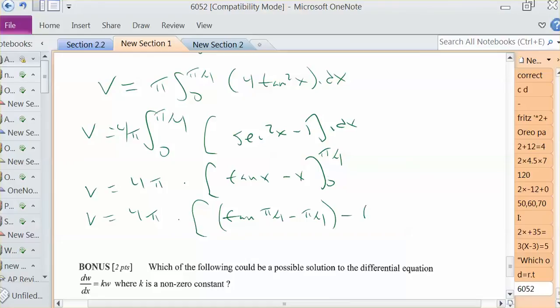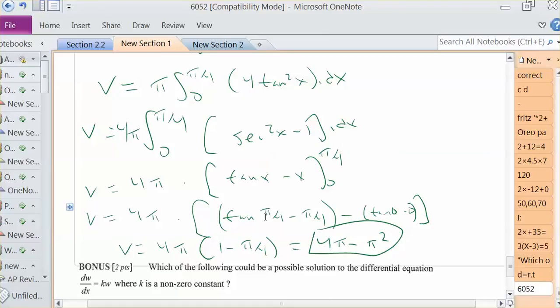And of course, you got to plug in 0. But tangent of 0 minus 0 is going to be 0, so we don't have to really worry about that. And tangent of pi over 4, we know it's 1. So your volume is simply 4 pi times (1 minus pi over 4). Or if you distribute, 4 pi minus pi squared.